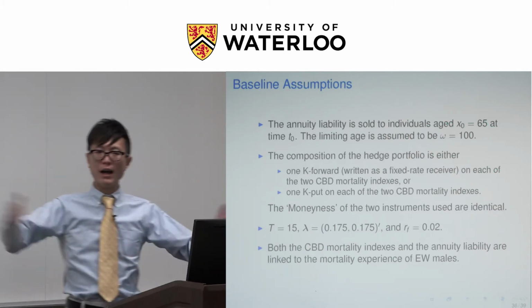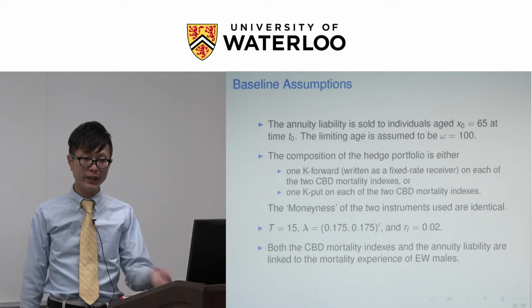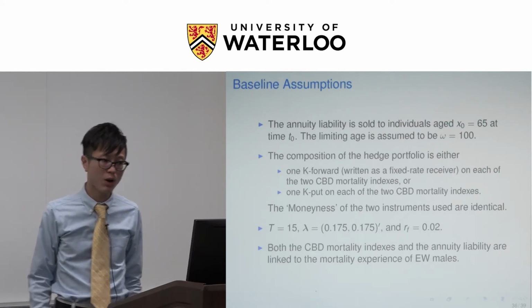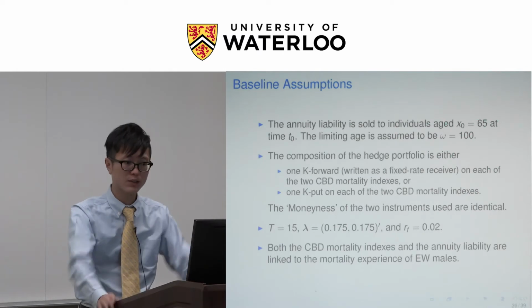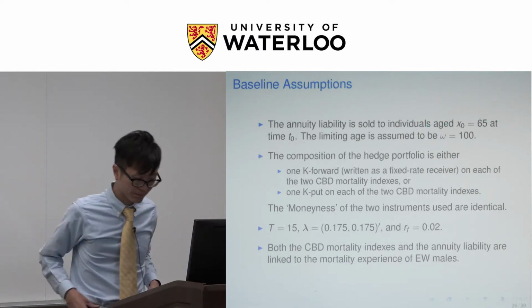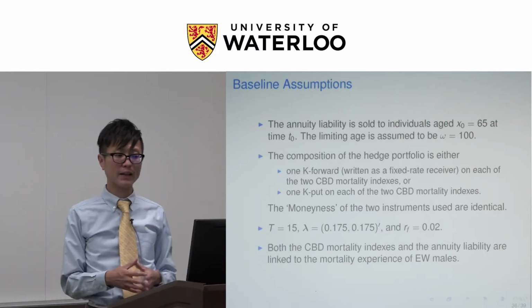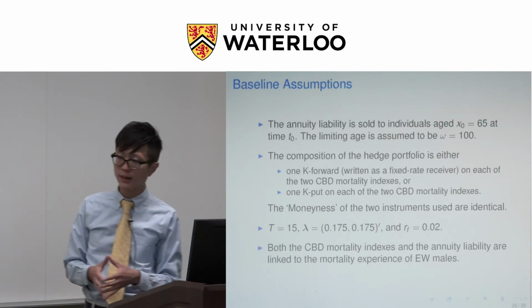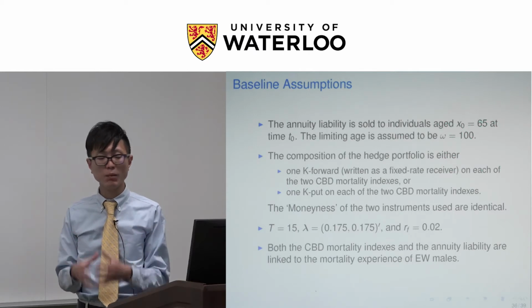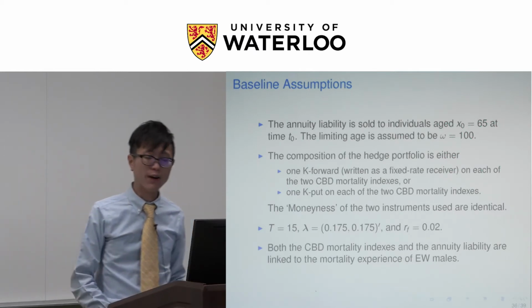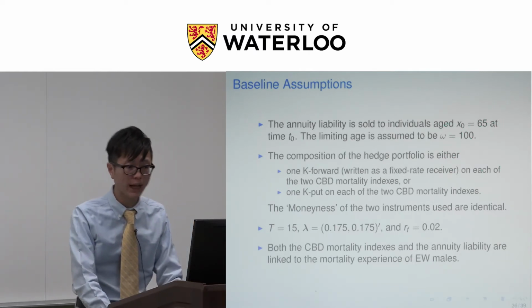I have a maturity date of 15 years from time t0, the assumed market prices of risk, and a 2% risk-free interest rate. And finally, I'm assuming that both the CBD mortality indices and the annuity liability are linked to the mortality experience of the English and Welsh male population.